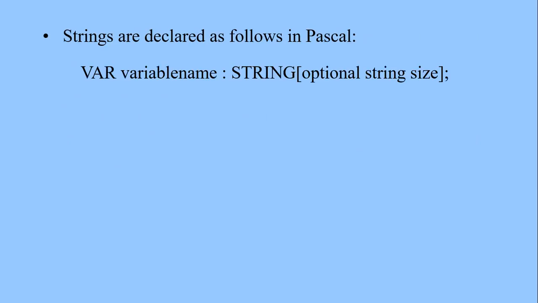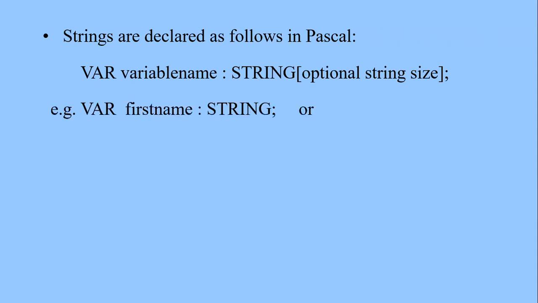Strings are declared as follows in Pascal. Var followed by the variable name and then the data type string with optional string size. That is, if you want to make use of an array of characters or you want to specify the length of the string.